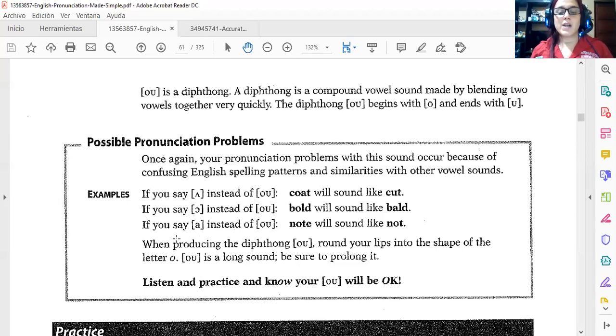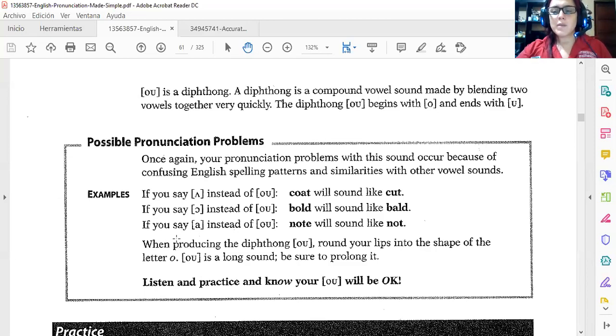And the other one that may be confused with is the Latin A, when you want to say note and you end up saying not. So you have to be really careful about this.